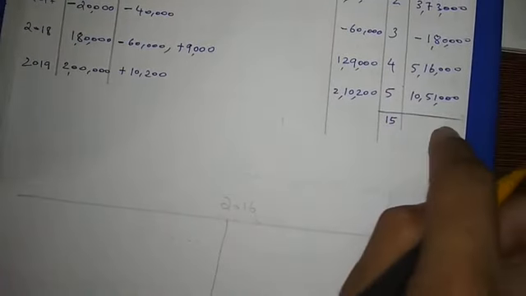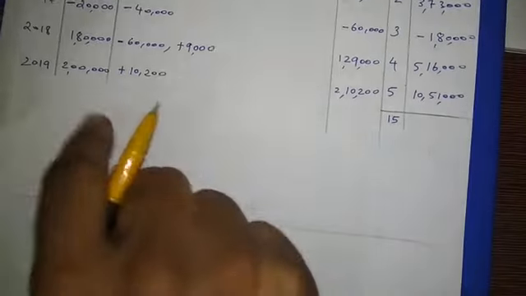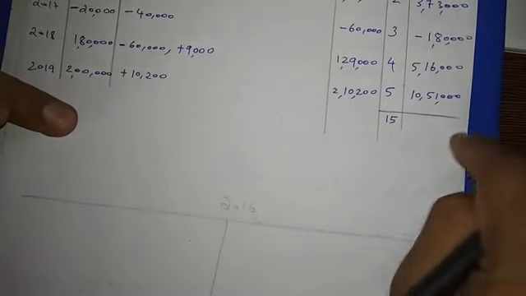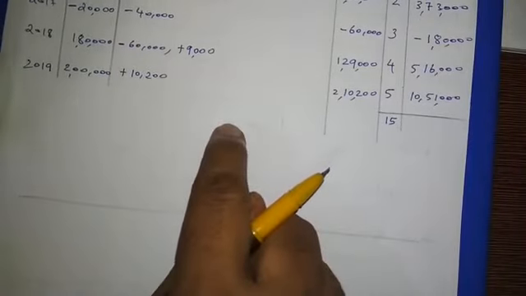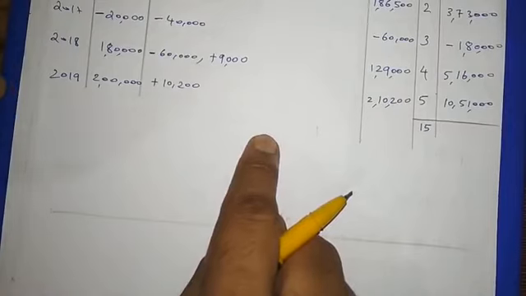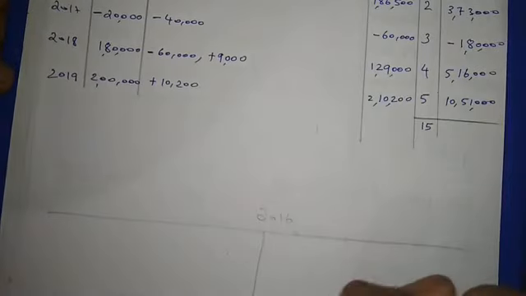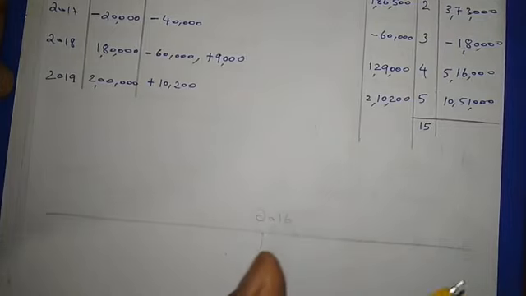This column's total you need to find out, and the weighted average profit will be the total divided by 15. That is the weighted average profit. And in the question it is saying that goodwill will be 3 years' purchase. So whatever weighted average is coming, you multiply with 3, then the answer will come.